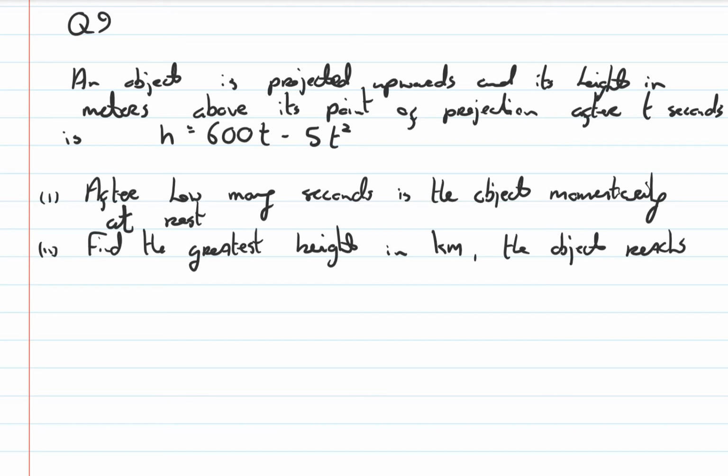Right, question 9. An object is projected upwards and its height in meters above its point of projection after t seconds is given by this formula. So this is a height formula we're given. Just like the last one really, there's probably an object, it starts here, it goes up, at a certain point it comes back down again and hits the ground.